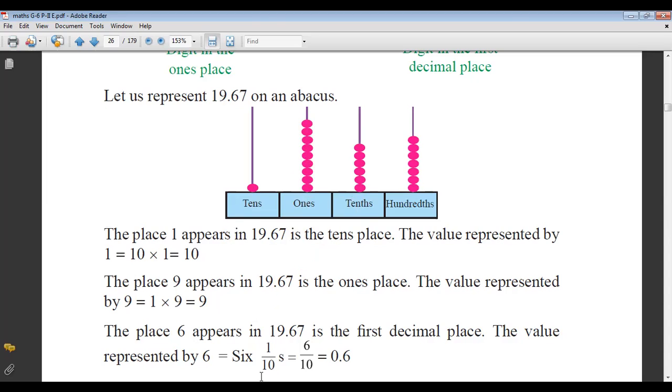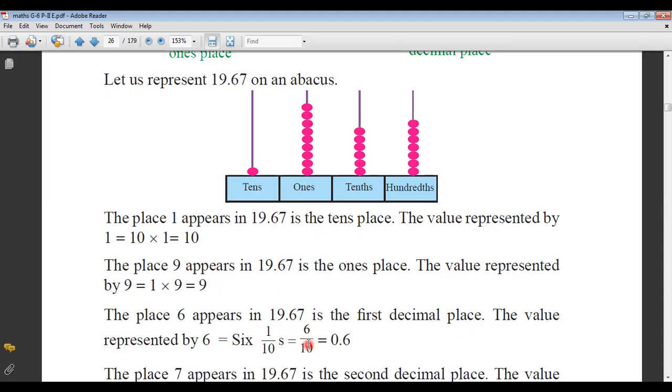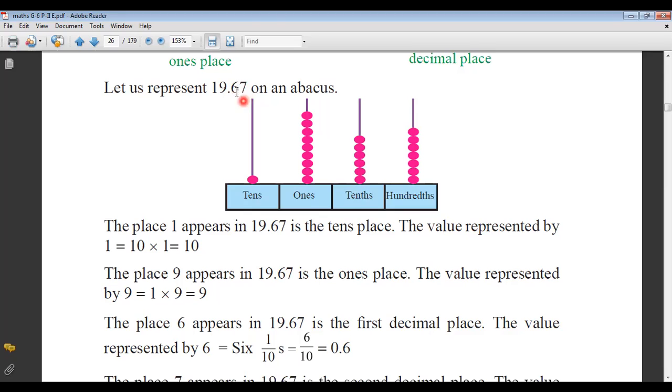The place 6 appears in 19.67 is the first decimal place. The value represented by 6 is 6 out of 10, because it is on the tenths place. So how to write this as a fraction? 6 out of 10. Now this one, 7. How to write it?